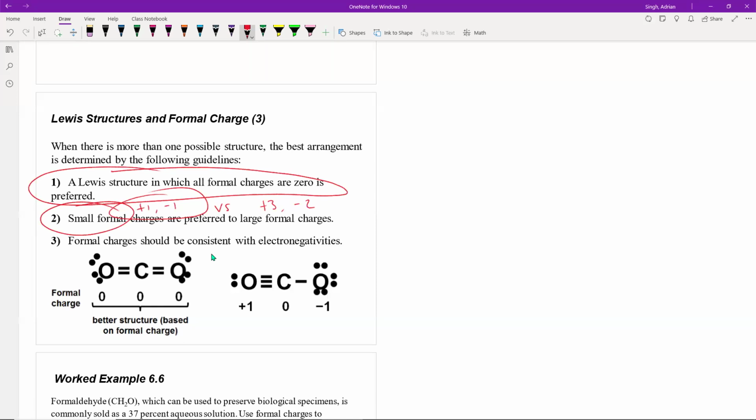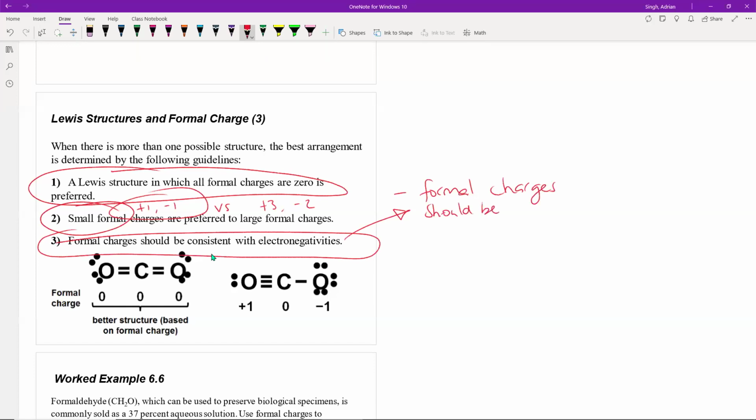And the third thing here is that if you do have to have formal charges, they need to be consistent with electronegativities. That means that if you have negative formal charges, they should go on the electronegative element, on the most electronegative elements. Okay, so it needs to match up with those electronegativities.